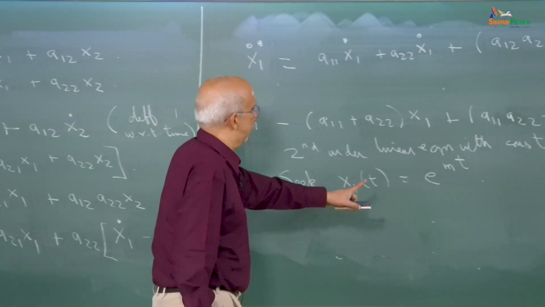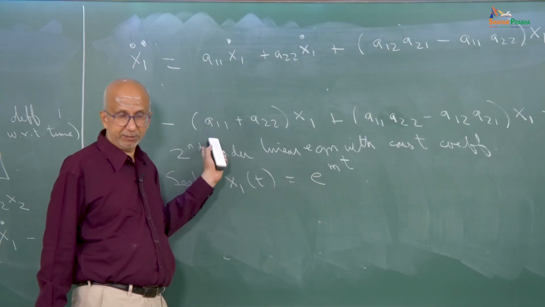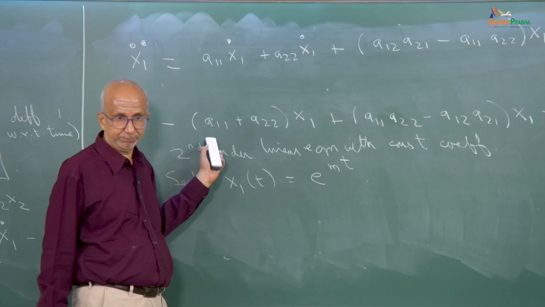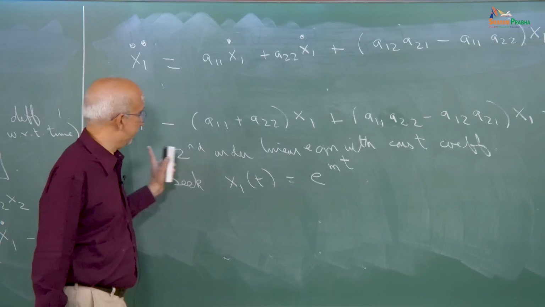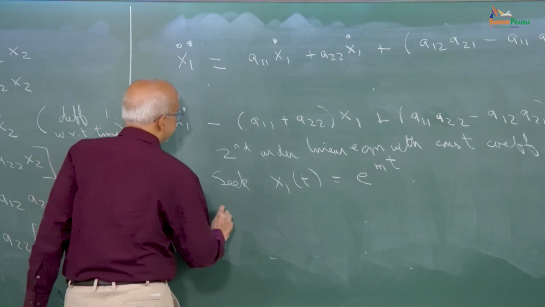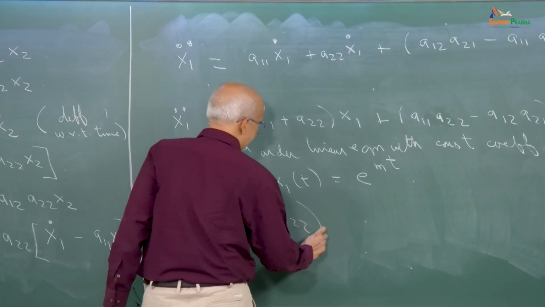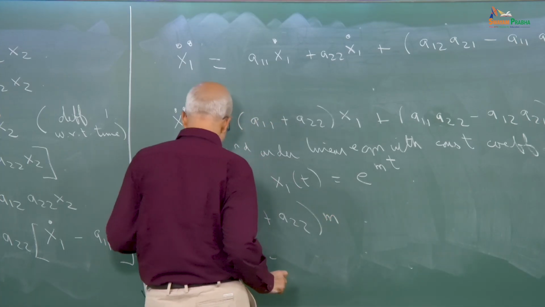So, what you do is you substitute this, it has to satisfy this equation, so you find m so that the equation is satisfied. When you substitute this here, what do you get? Maybe I should do this properly.